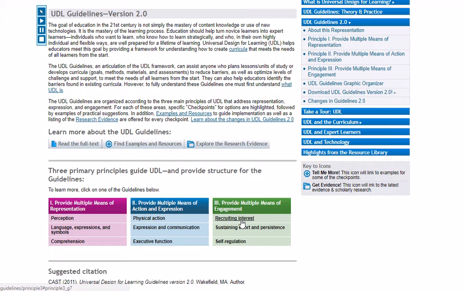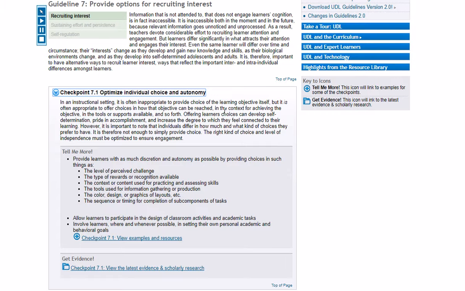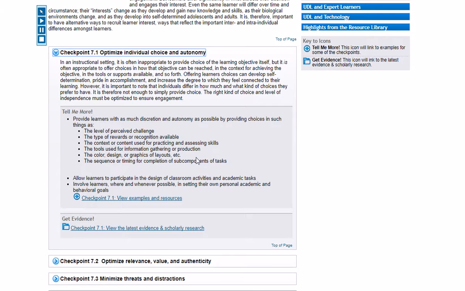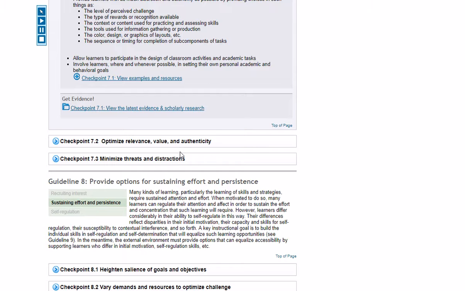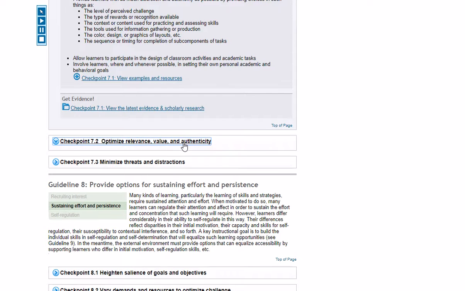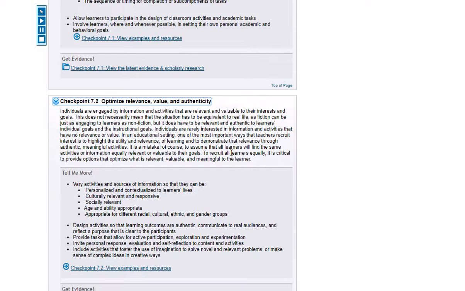And then engagement. Look for ways where they have some choices and autonomy in their learning, some sort of reward, context, or content used for practicing and assessing skills. Look to see what your students respond to, and this isn't a matter of spoon feeding them, but to look at what works for a broad range of students, and to include more of these things.